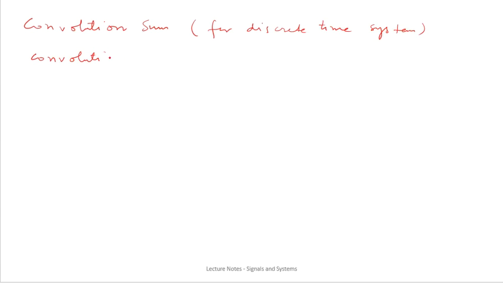This weighted superposition is called the convolution sum for a discrete time system, and it is called the convolution integral for a continuous time system.